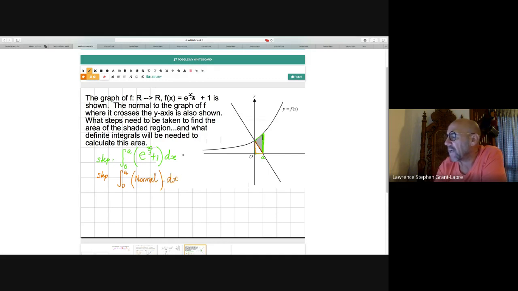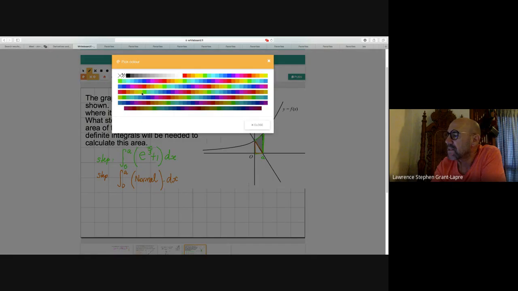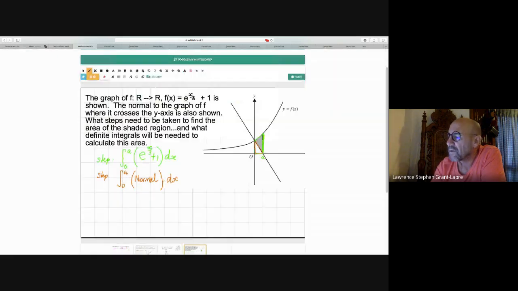And when we've got that number, we would subtract, so that this area, we would then subtract, minus, and that would give us the area of our shaded region, which is what we're looking for.